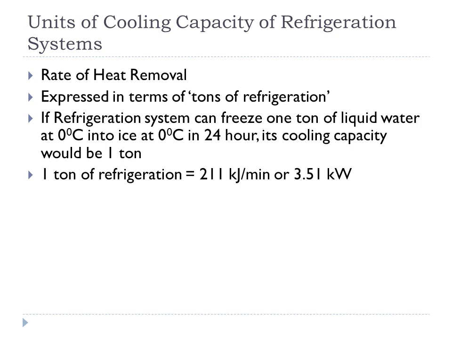And if it is done by that system, its cooling capacity would be 1 ton. So 1 ton of refrigeration is also equal to 211 kilojoule per minute or 3.5 kilowatt. In the industrial world, the capacity of refrigeration systems is mostly expressed in terms of tonnage.